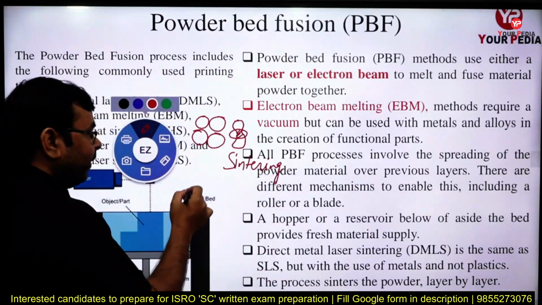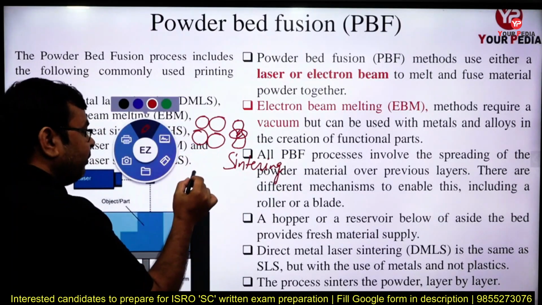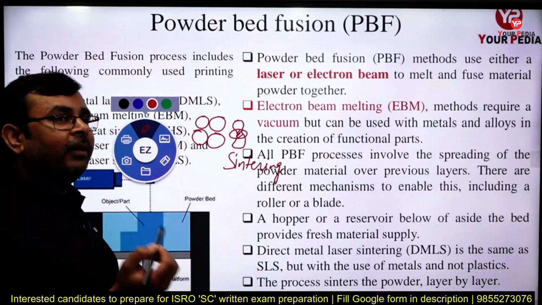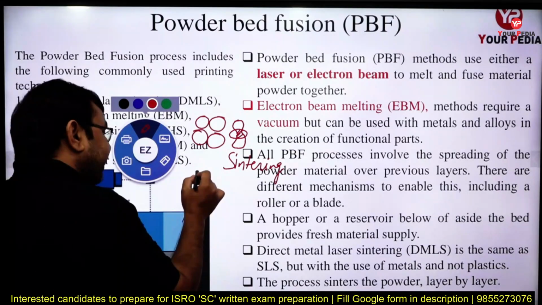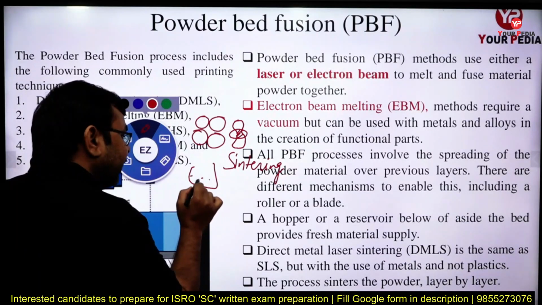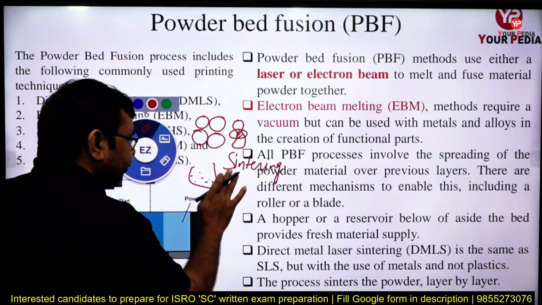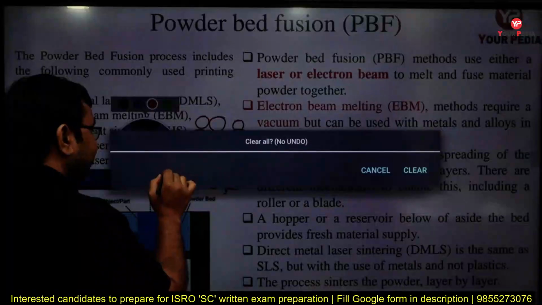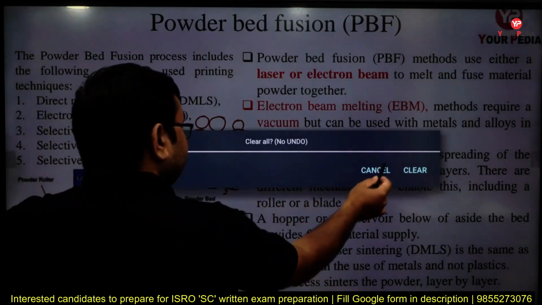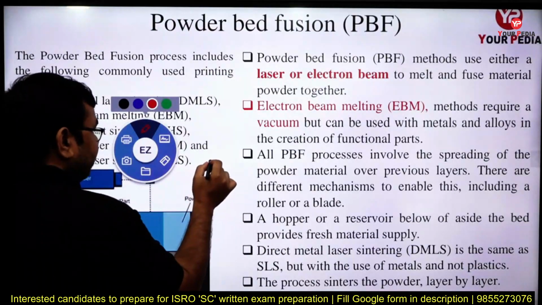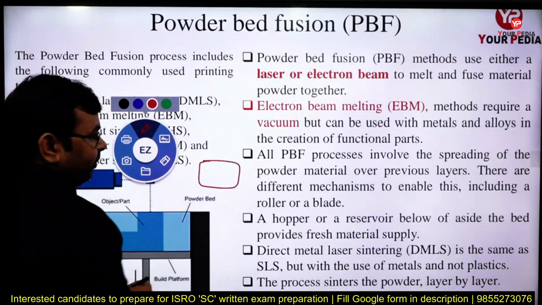Now if we talk about melting, when you heat that material above its melting temperature, each particle gets melted and here we get a liquid, and that liquid metal solidifies, and after solidification you get the whole object like this.